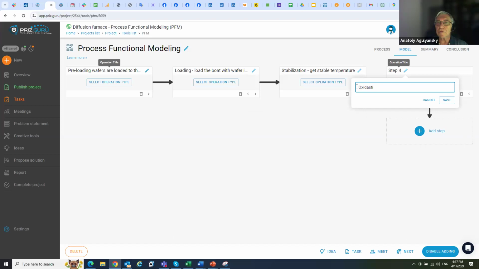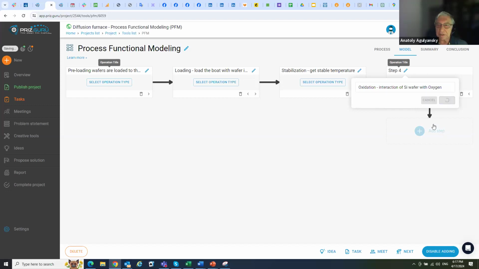Oh, oxidation. It's an interaction of silicon wafer with oxygen. Great.